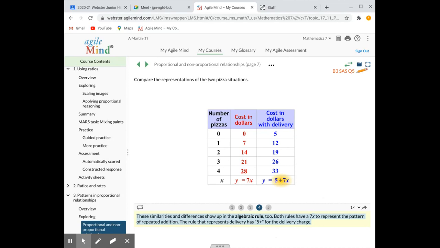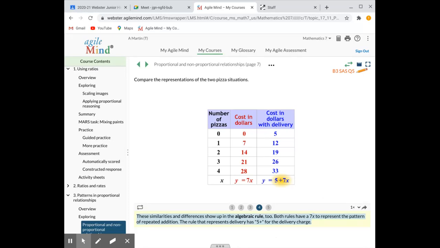Do you want me to read? All right. Oh my god. And the difference that shows up in the algebraic rule: both rules have a 7 times to represent the pattern of repeated addition. The rule that represents delivery has 5 plus for the delivery charge.